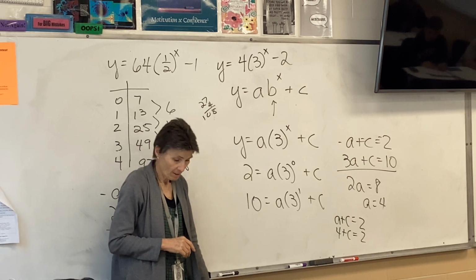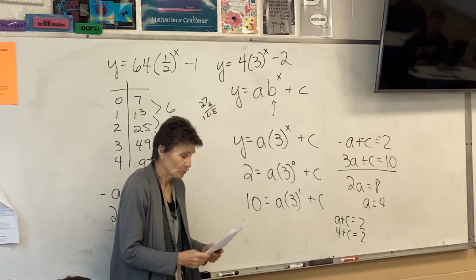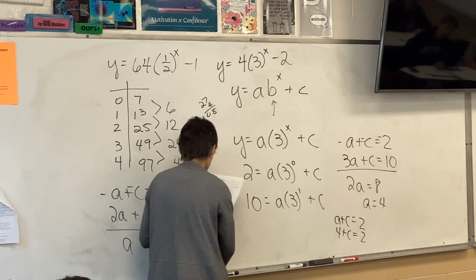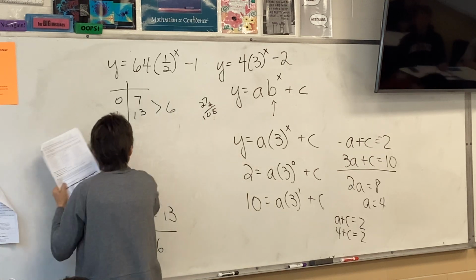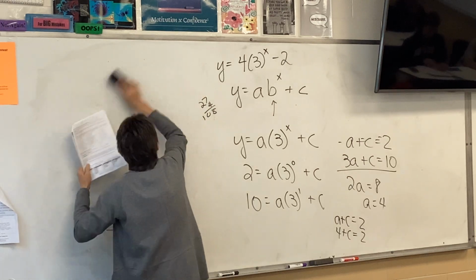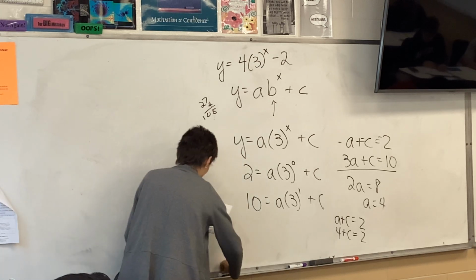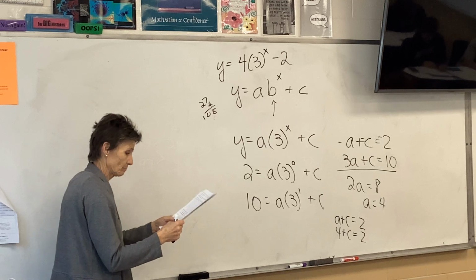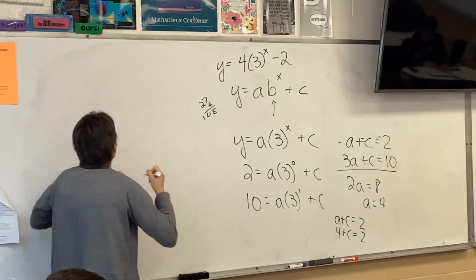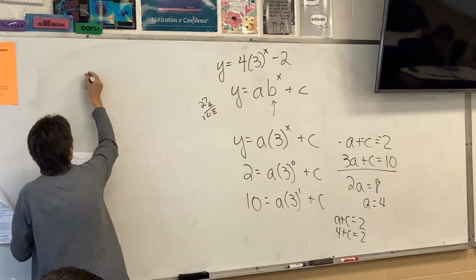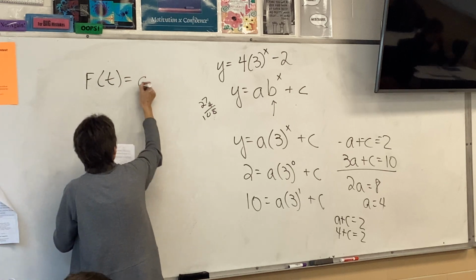Okay? All right. Let's take a look at example 2, which is taking us to our calculators. Read the problem in example 2. We're going to have an exponential function.